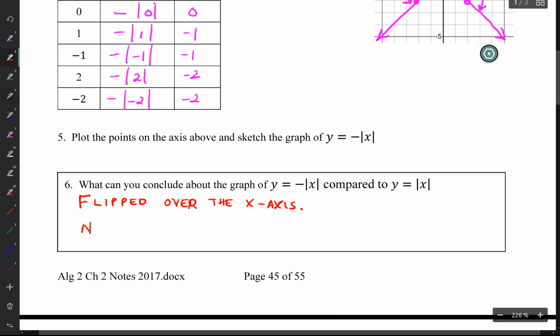The new shape, instead of being a valley, is going to be a mountain. An upside down V instead of a valley.